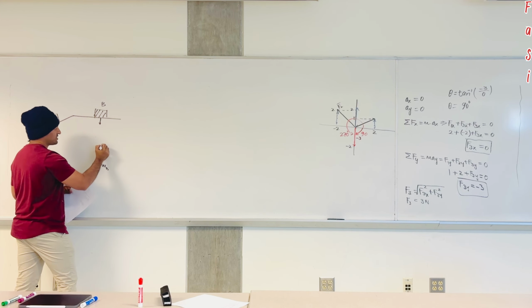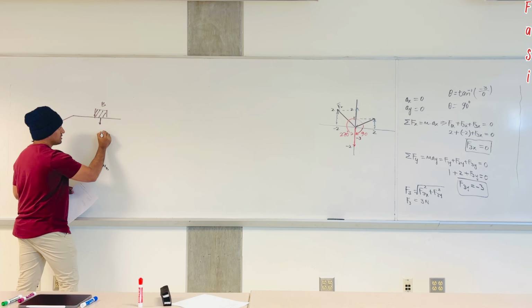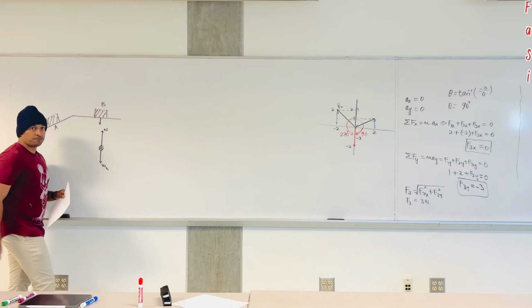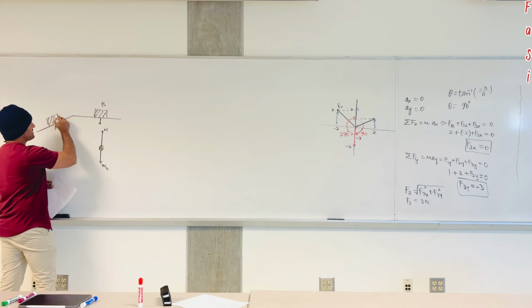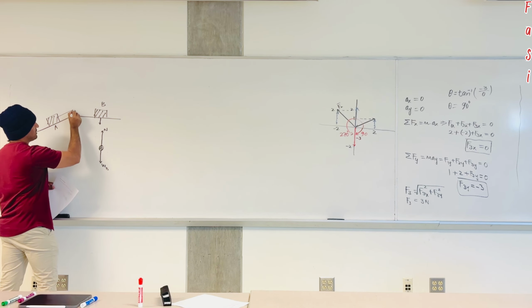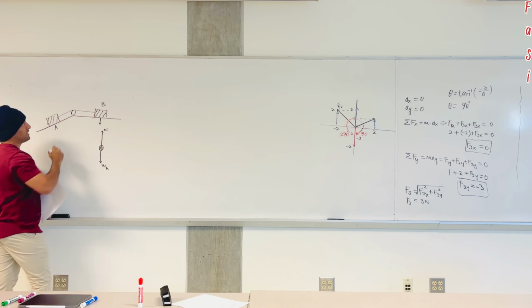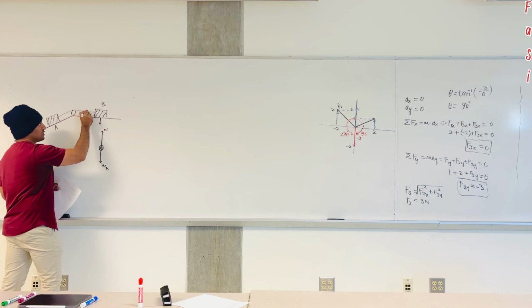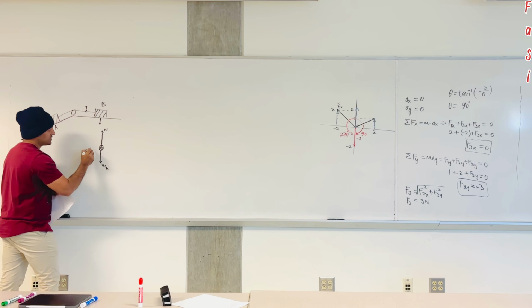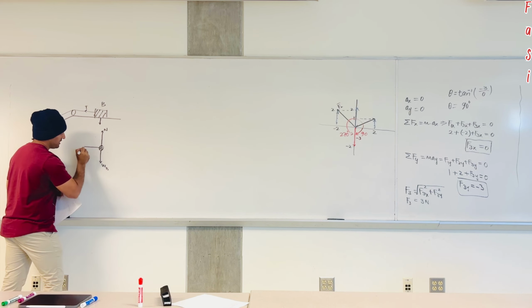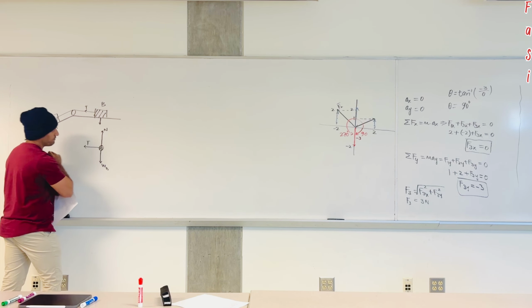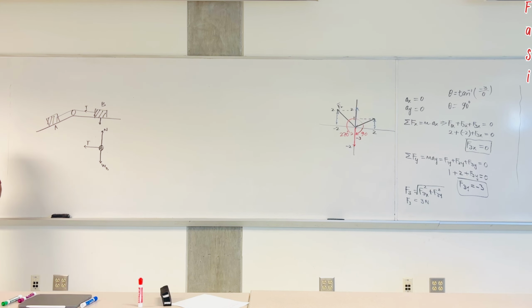This surface exerts a normal force in the upward direction, and these two masses are connected by a string, and so the string exerts a force which is called tension force. It's in the left direction. So this is the free body diagram for this mass B.